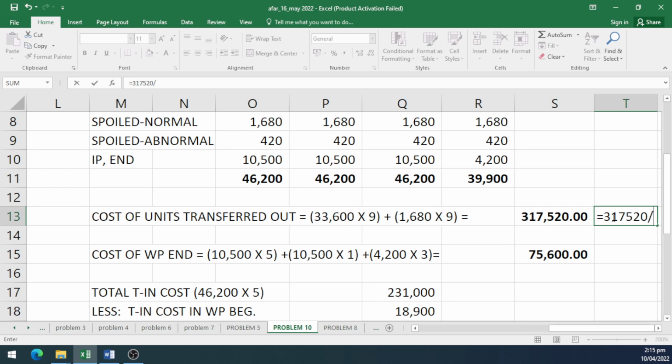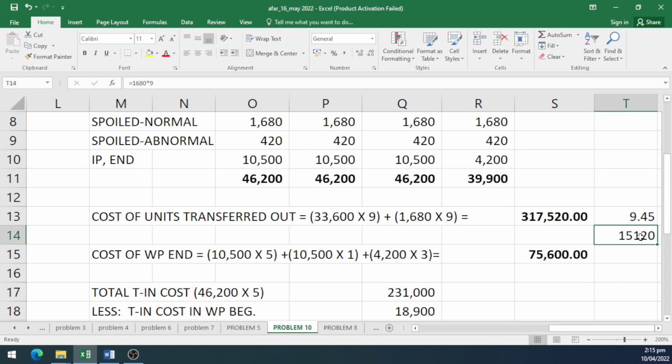So, magiging unit cost nito, pag kukomputin ninyo, 317,520 divided by 33,600, 9.45. Ang unit cost ng finished goods, 9.45. Ang cost ng normal spoilage actually ay 1,680 times 9, 15,120.